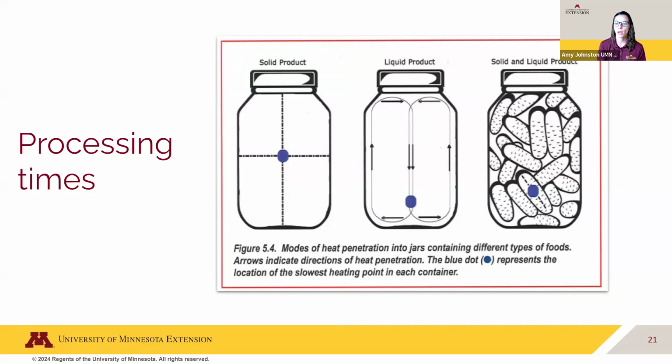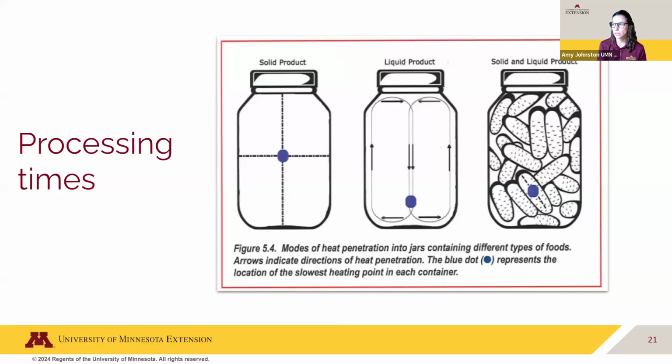The solid product is going to take the most time to heat the food right there in the center of the jar, so it likely is going to have a longer processing time because there's less liquid, less water, so it's going to take a little bit longer for all of that to heat up.